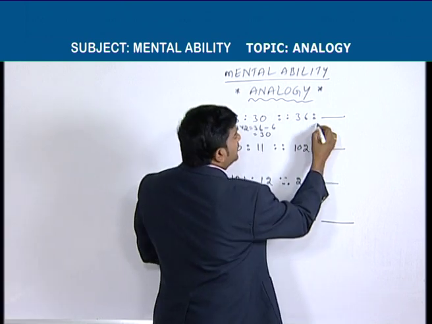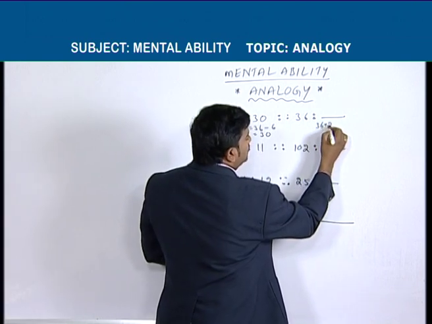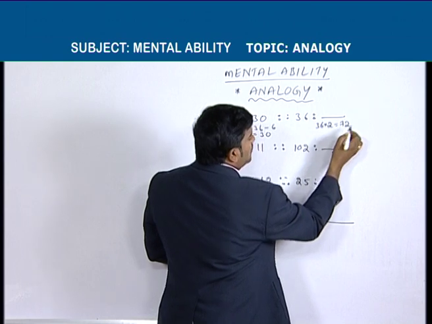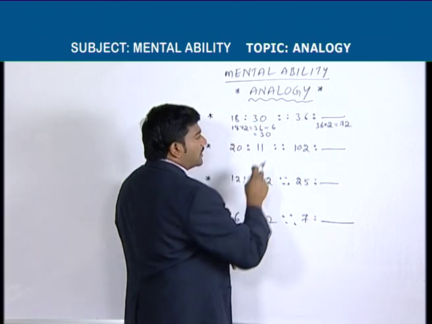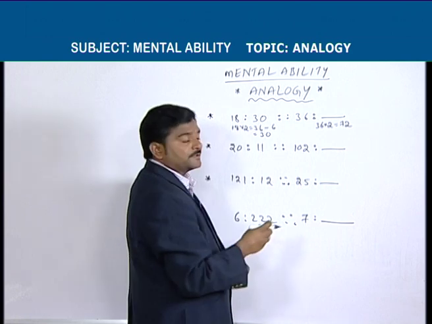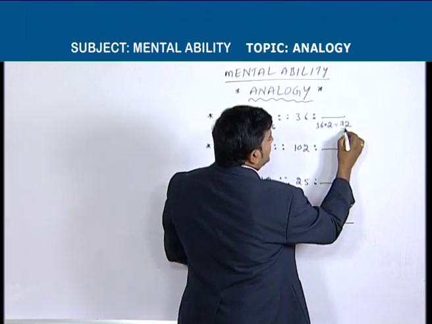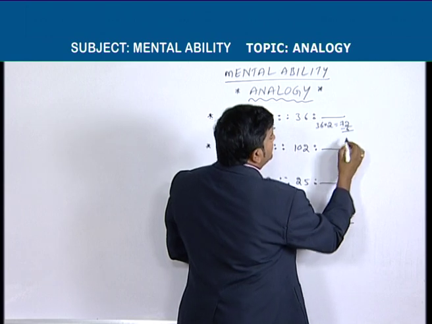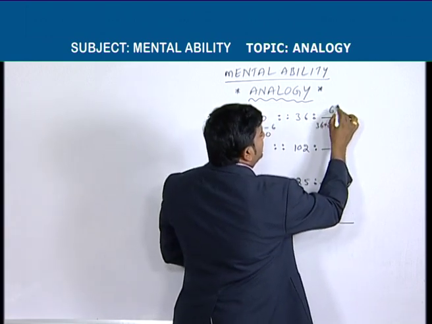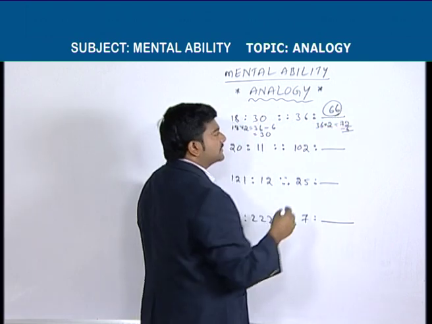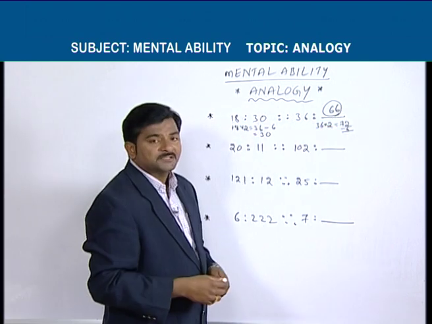So how will you do here? 36 into 2, how much do we know? 72. From 72 again, how much do I need to subtract? 6. So subtracting 6 from 72, how much am I getting here? 66. Hence the answer for the given question is 66.